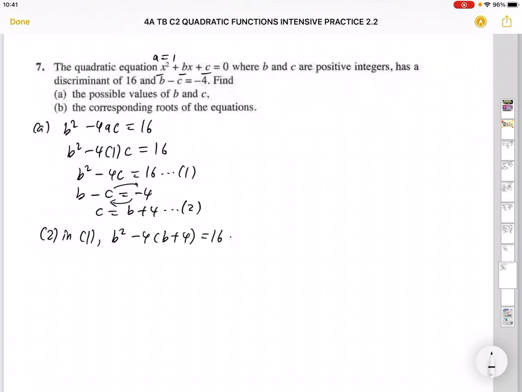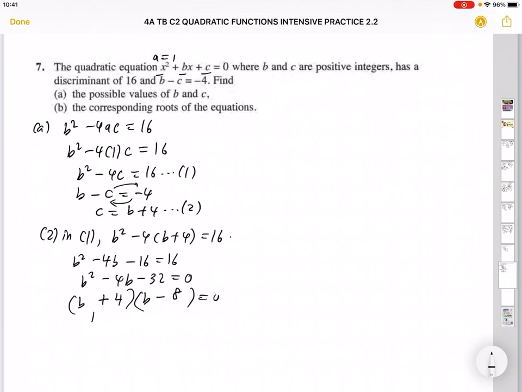Expand this: b squared minus 4b minus 16 equals 16. So when you bring this over, you get negative 32. Now we can double bracket factorize this: b, 8, 4. To get negative 4, 8 must be negative and 4 must be positive. So b is either negative 4 or positive 8.